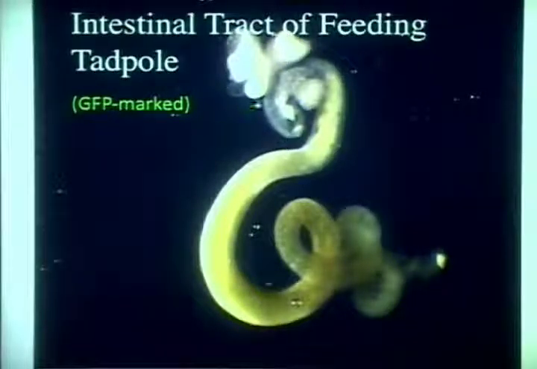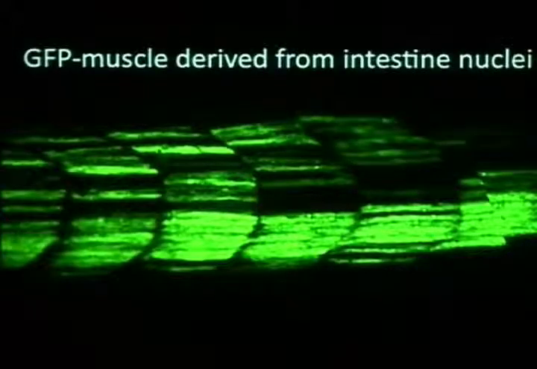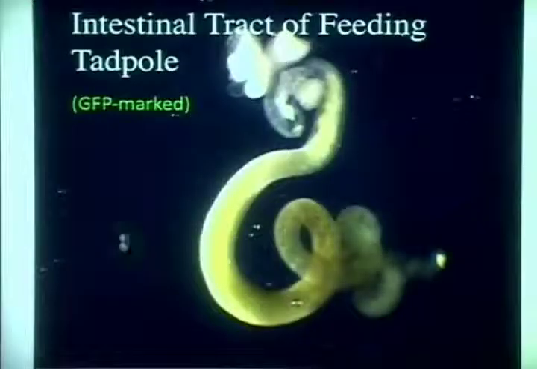So you have here the intestine of a feeding larva with its food inside, and nuclei can be transplanted, and as a matter of fact, this is a GFP-marked intestine.